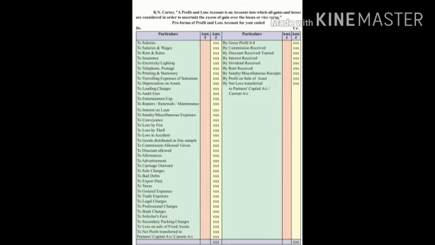On the credit side all incomes are recorded, and from the profit and loss account we come to know whether the business is earning a net profit or suffering a loss. So the profit and loss account is a very important account of the final accounts.